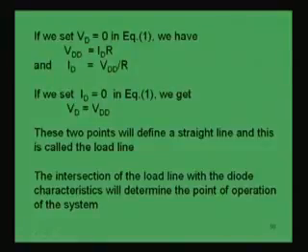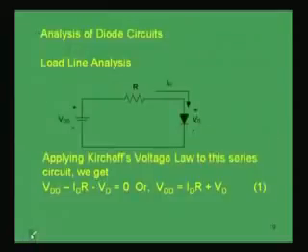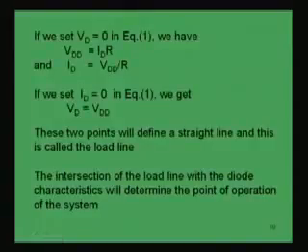And if we make ID equal to 0 in equation 1, then we get the maximum voltage across this diode, that is, VD equal to VDD.